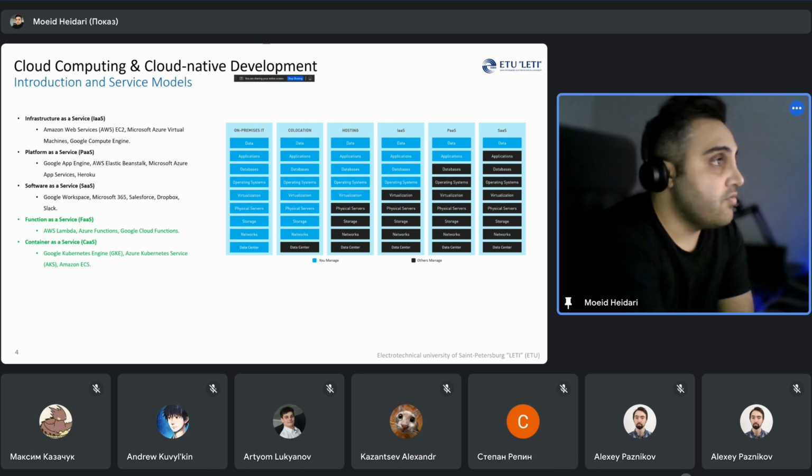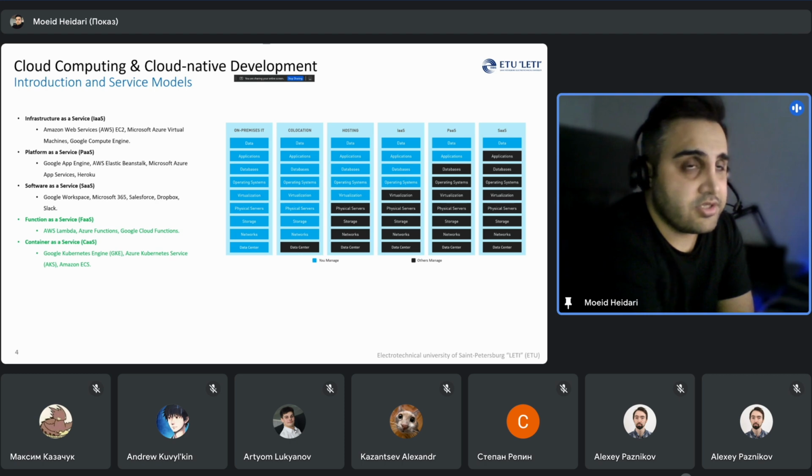And after that, one of the most commonly used service types is software as a service, or shortly we call it SaaS. These are the services that are deployed for the end users. So the user doesn't need to take care of any infrastructure or software related thing of this service.